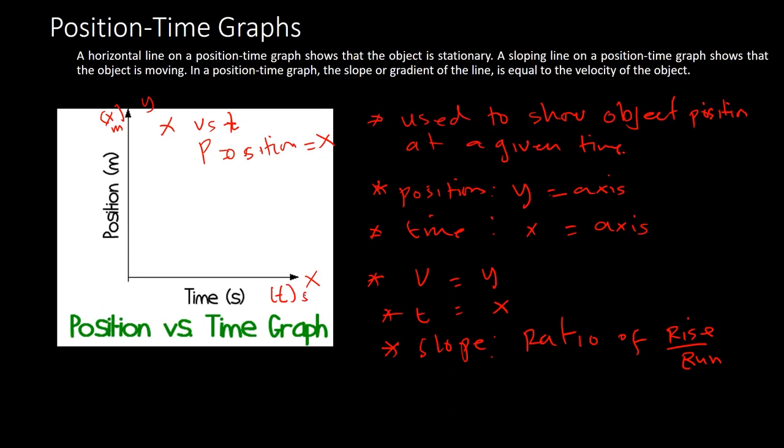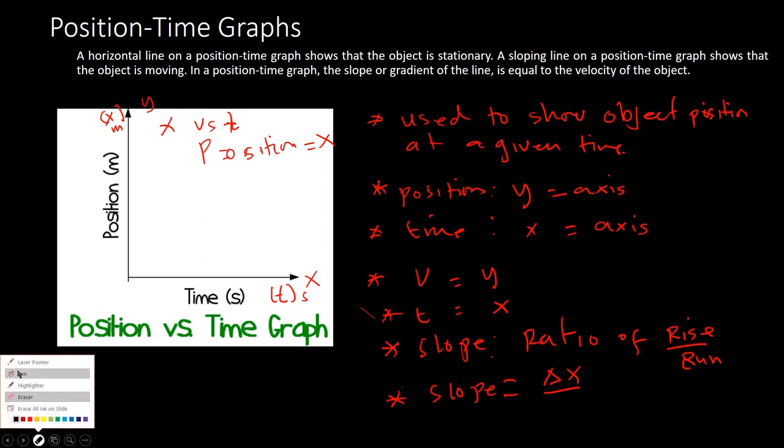That means if this is x and this is t, this can be translated into something like this one. This is delta x, and this is delta t.